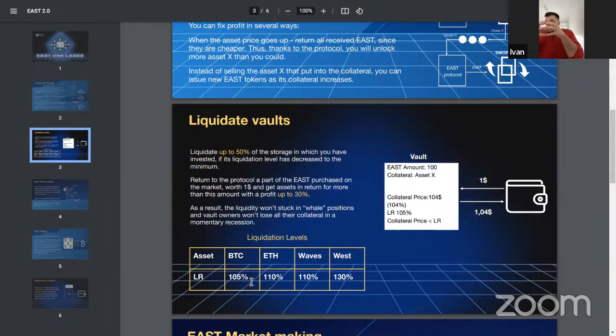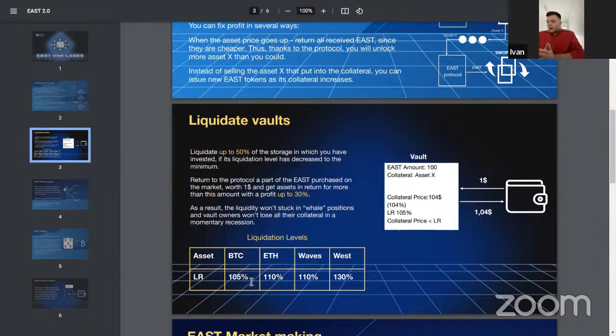Our main basis in ETH is safety. So if you are at the liquidation level, you lose only that part of your vault which the protocol needs to increase your rate. That is why it is win-win.